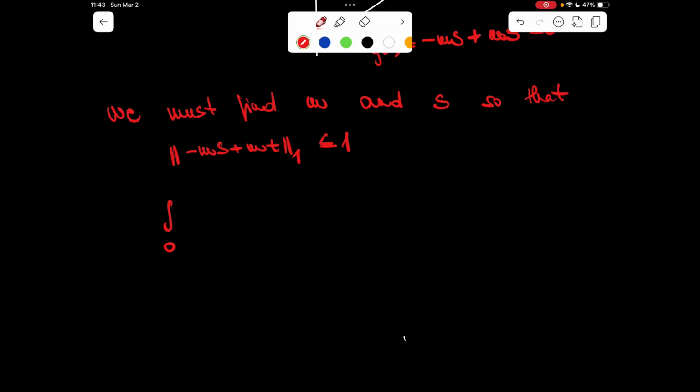In other words, this integral is not higher than 1.